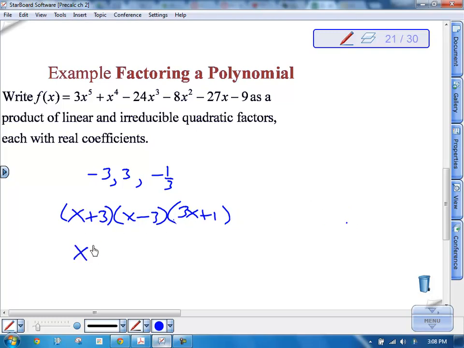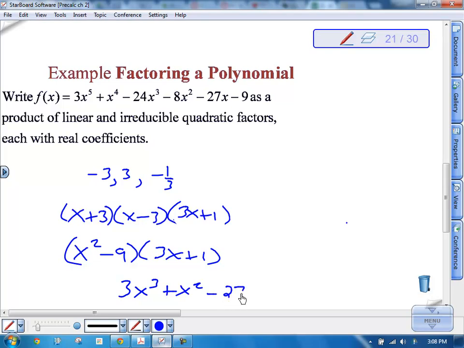This turns into x squared minus 9, and then I'm going to FOIL that times 3x plus 1. So it ends up being 3x cubed plus x squared minus 27x minus 9. And I'm going to divide that into this to find out the quadratic that's left over.